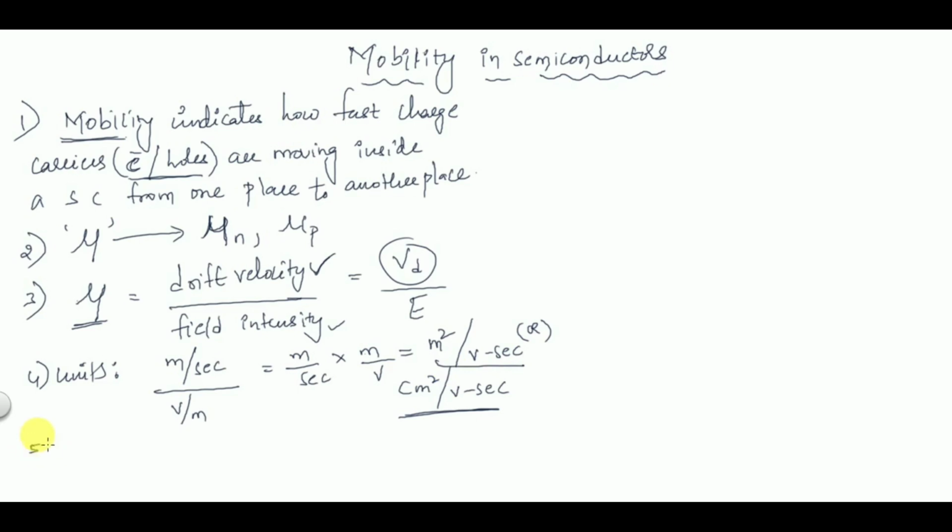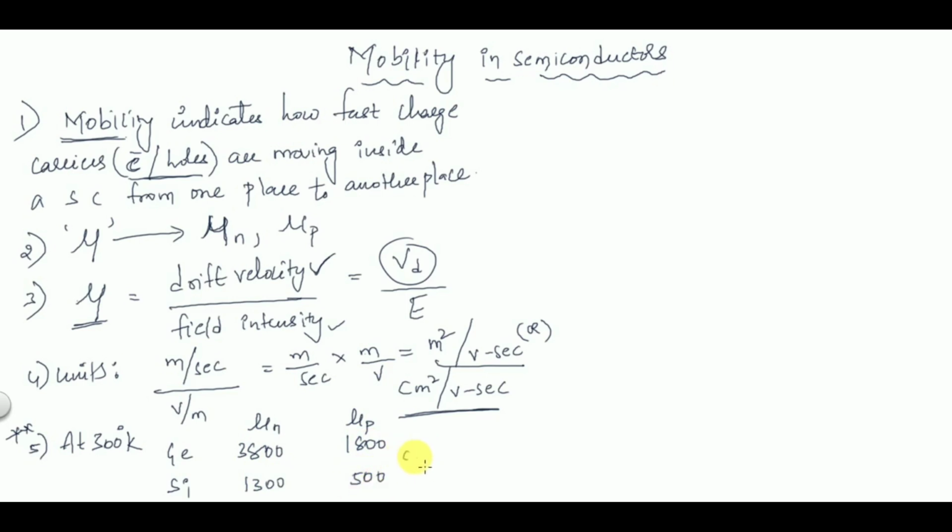Next, fifth, what are the values of mobility? Very important. So what are the values of mobility for germanium and silicon? Okay, so these are the standard values at 300K, that is at room temperature. I am writing in tabular form. So this is mu n, mu p, this is germanium and silicon. So here it is 3800, this is 1800, this is 1300, and this is 500.